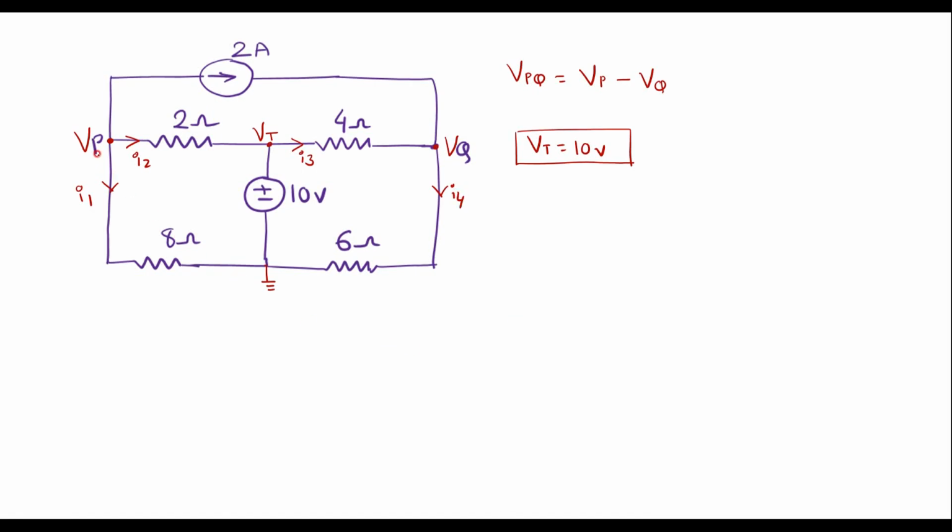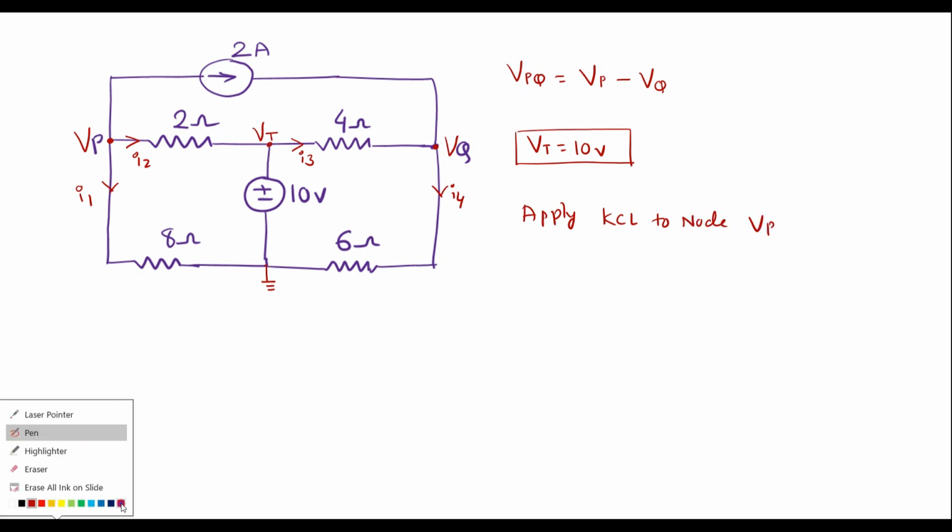Now let me apply Kirchhoff's current law to node Vp. We know that in KCL, incoming current is equal to outgoing current. Here we can observe that at node P all are outgoing currents, there is no incoming current. So incoming current is 0. So I will consider outgoing current as positive.